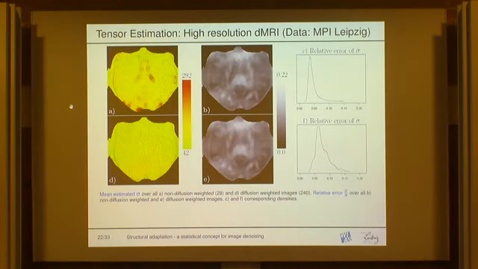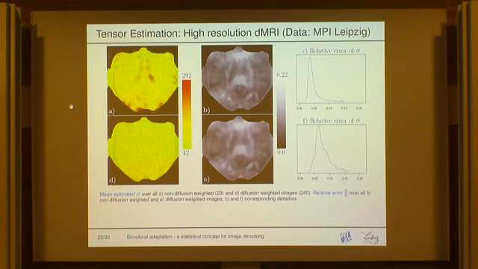Okay. This is what we get for a high resolution DWI data set from Leipzig. First one is the B0 image, second one are diffusion weighted images. So there are replications in this.